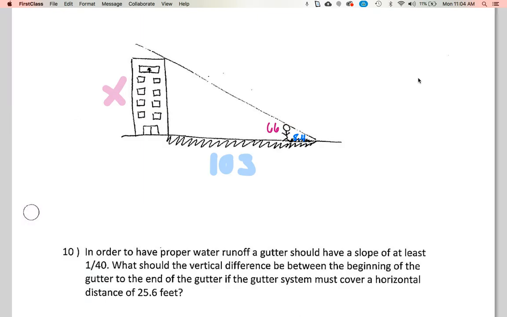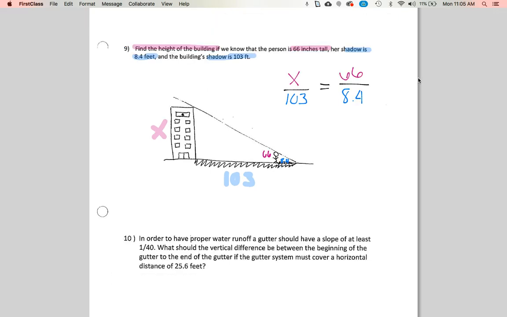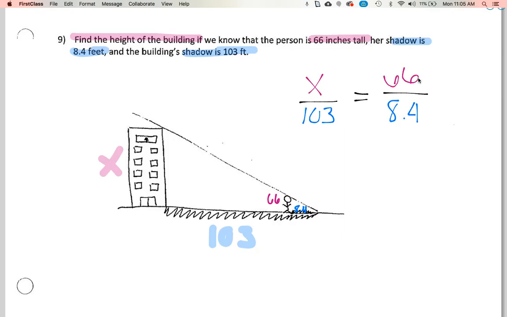So you can do that as a picture problem or as a word problem. So the building relates to the height of the person. 103 relates to 8.4. So this is 103 feet, 8.4 feet, 66 inches.